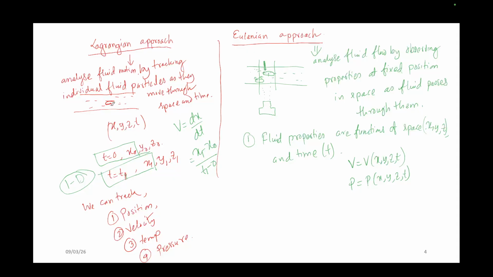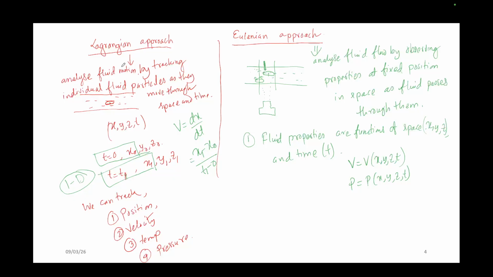Here, in the Lagrangian approach, what we did is put the thermocouple over this particle or this block, and as the block is moving, the thermocouple is moving. So at each and every point the thermocouple will only measure the temperature of the particle, not anything else or the fluid.